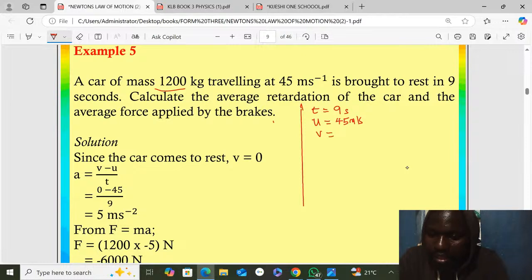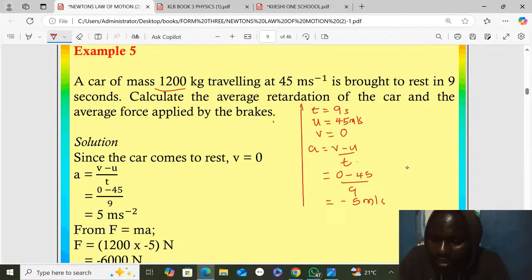Therefore, we expect the final velocity to be 0 meters per second. Therefore, from this one, we can calculate the acceleration. Acceleration is given by v minus u over t. And this will be 0 minus 45 over 9, and you'll get negative 5 meters per second squared.